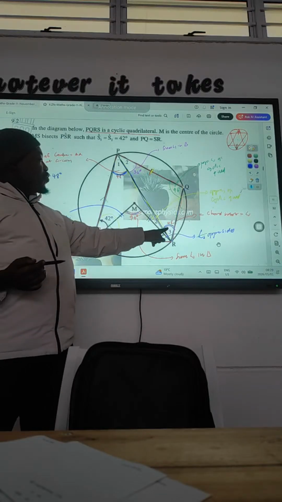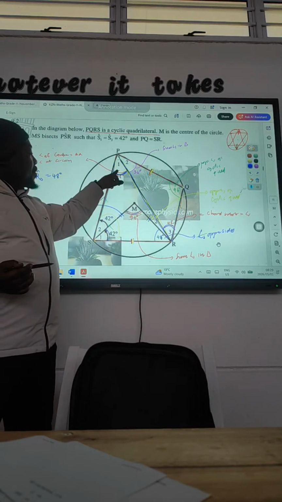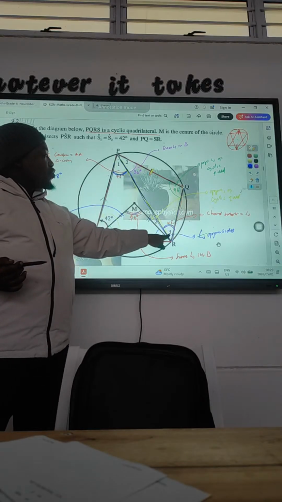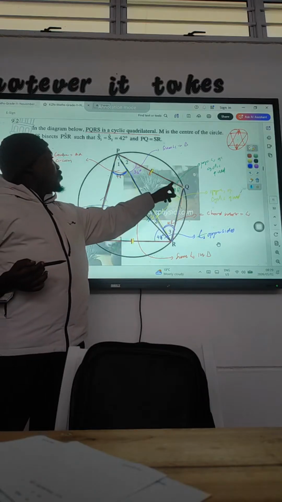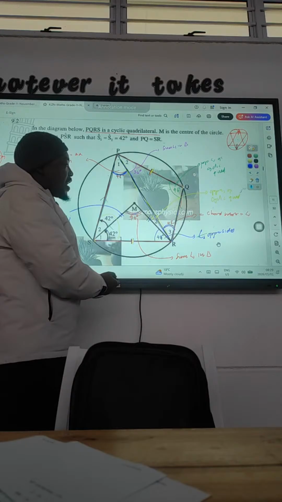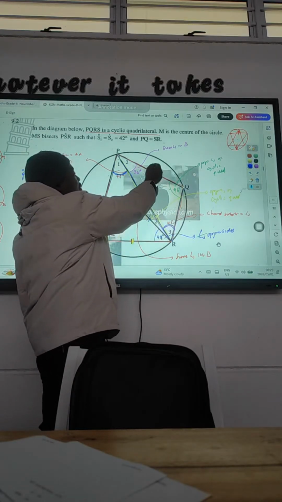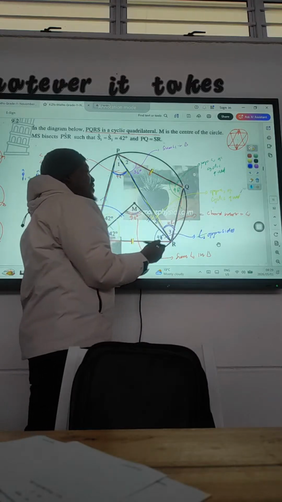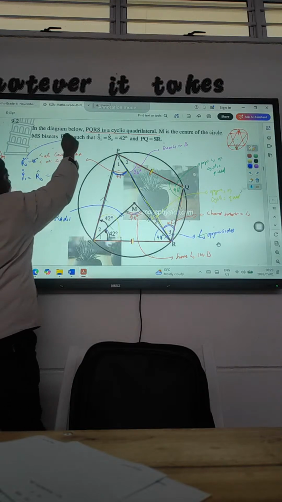Then you are going to write how you already got P1. How did we get S3? Already we have Q, so we're going to use the sum of angles in a triangle, or we can use that equal chords subtend equal angles. So our R3 was actually 48 degrees because we had this reason.